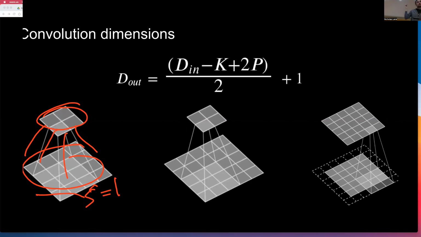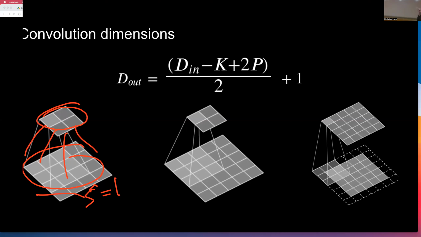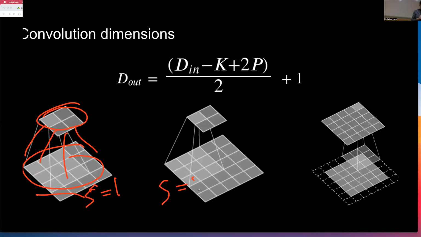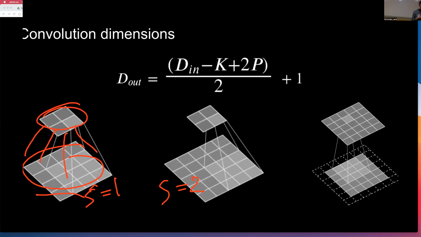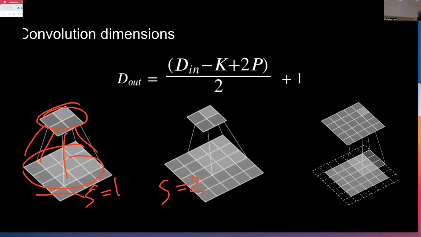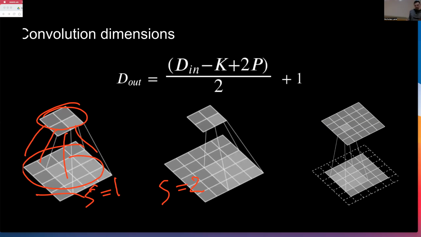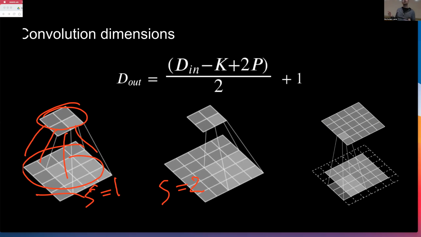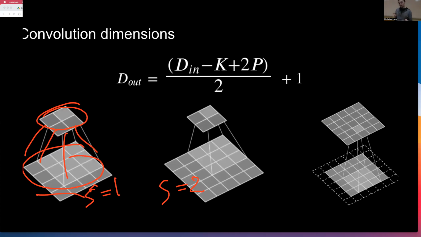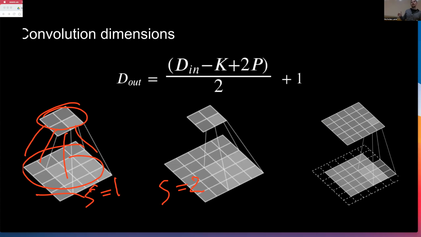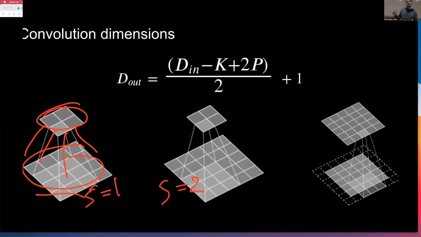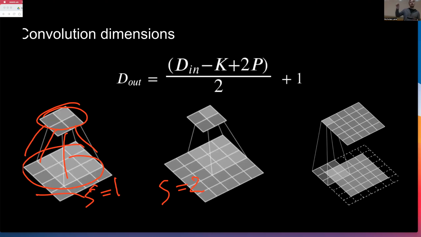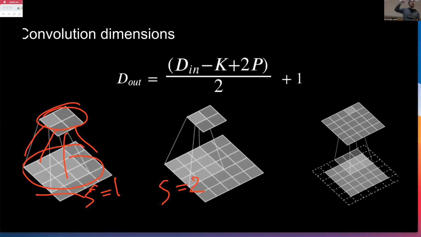But you'll notice on the middle animation, we now have a step size of 2. And on the final animation, you might see something a little unusual happening. We still have a step size of 1, but a new concept is introduced, and this is the concept of padding. You can define these operations to also have a padding size that defines an apron around the edge of the input.